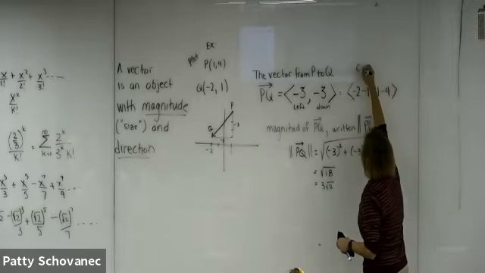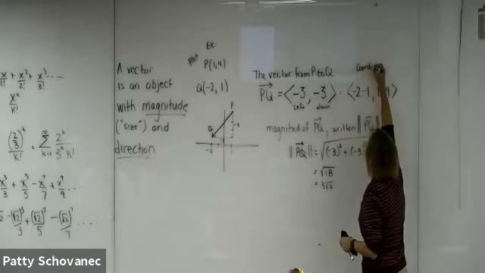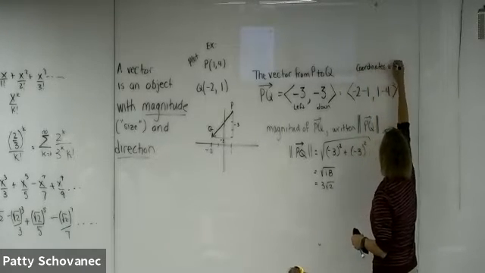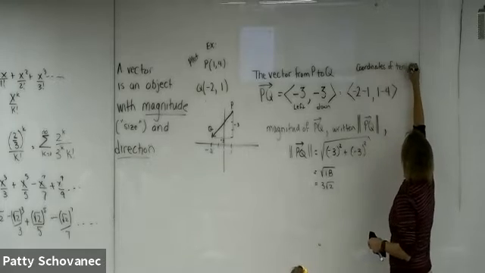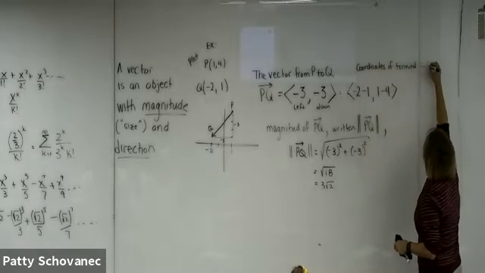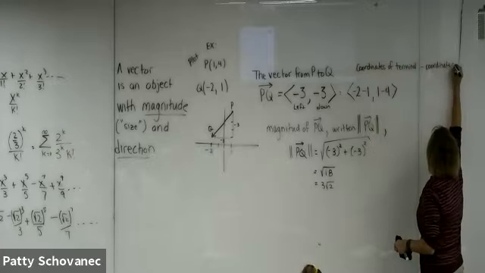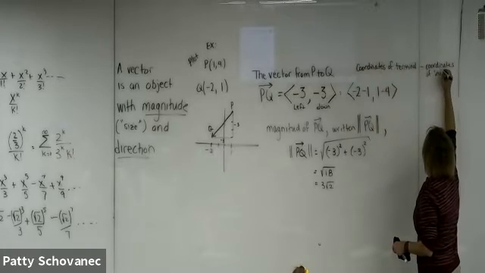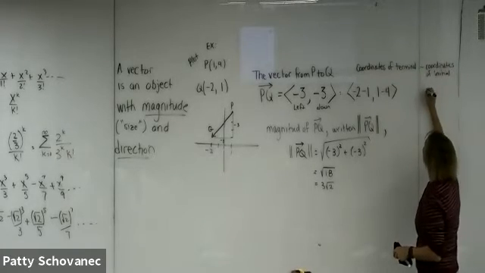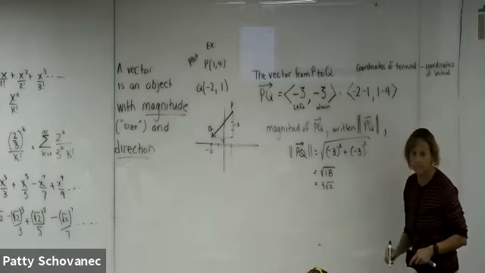So you take the coordinates of the terminal point minus the coordinates of the initial point, to get the components of the vector.